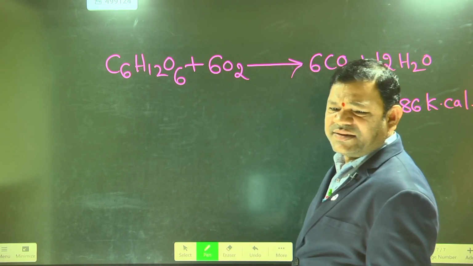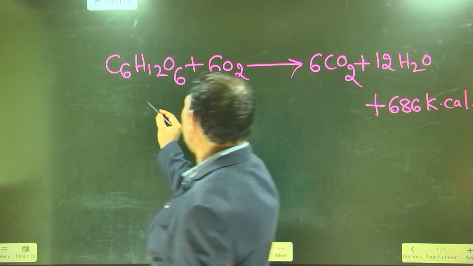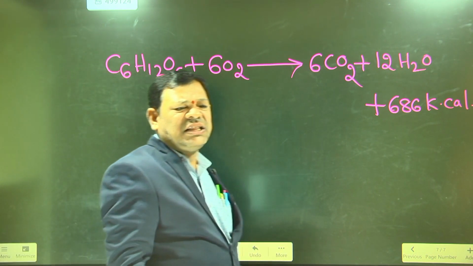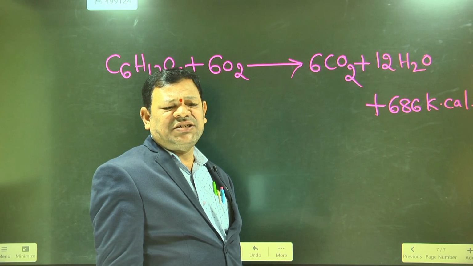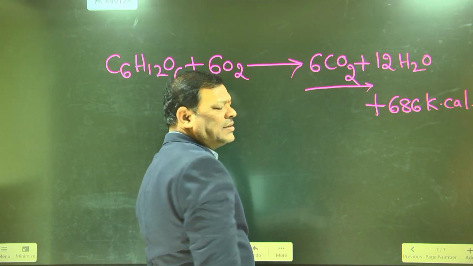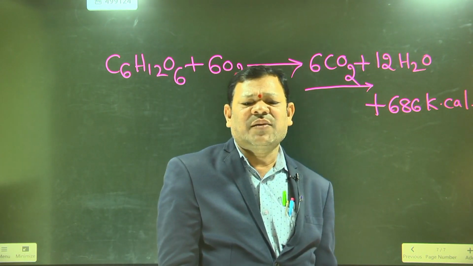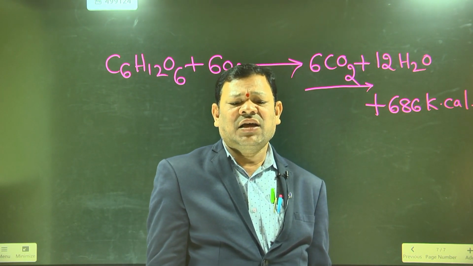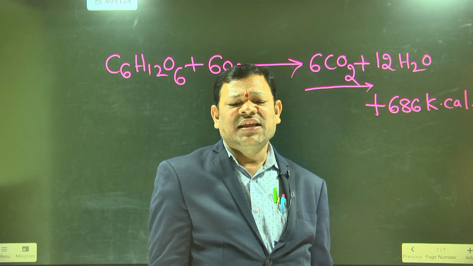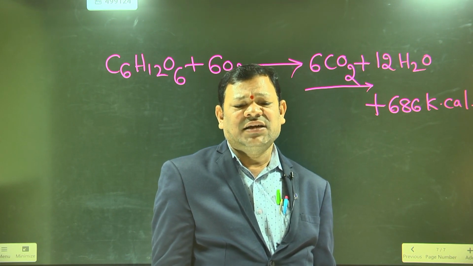So that means in plants, respiration takes place and they release carbon dioxide gas. So when food, that is glucose, is oxidized, they release carbon dioxide.